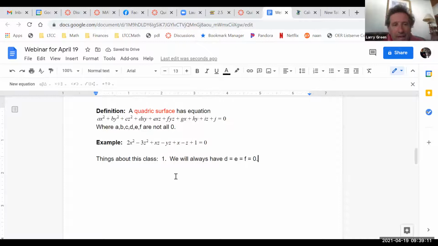Okay, and the reason for that is, any guess for this class? Is it offset? No, that's going to be the others, actually. We'll get to the offset in a bit.